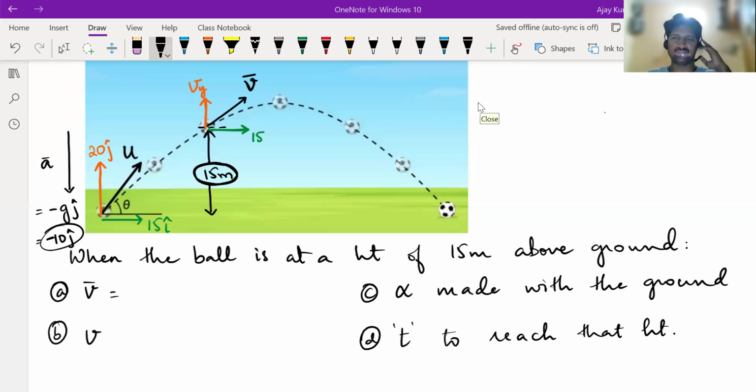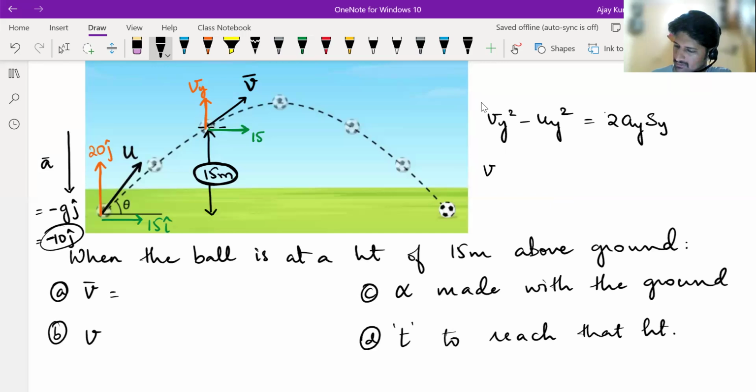Give me an idea to calculate the y component there. V square minus U square equal to 2aS. Sir, so Vy square minus Uy square is 2 Ay Sy. That's all. So we don't know the y component, we'll keep it as it is.